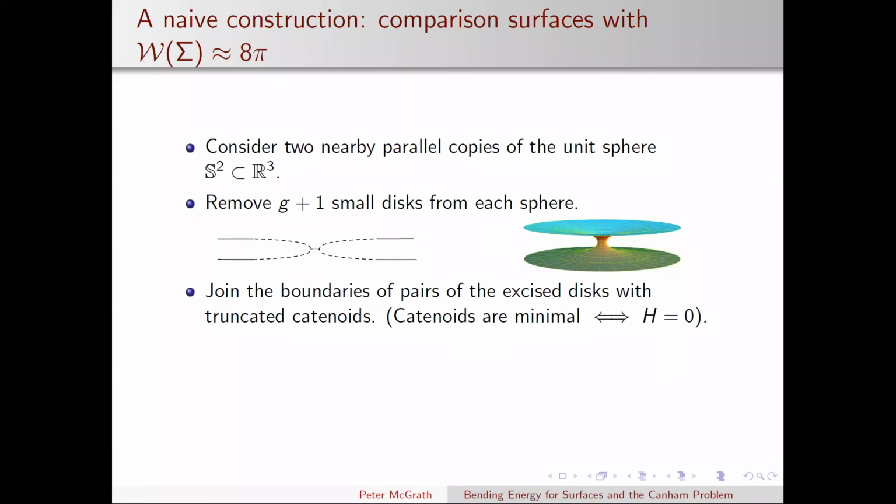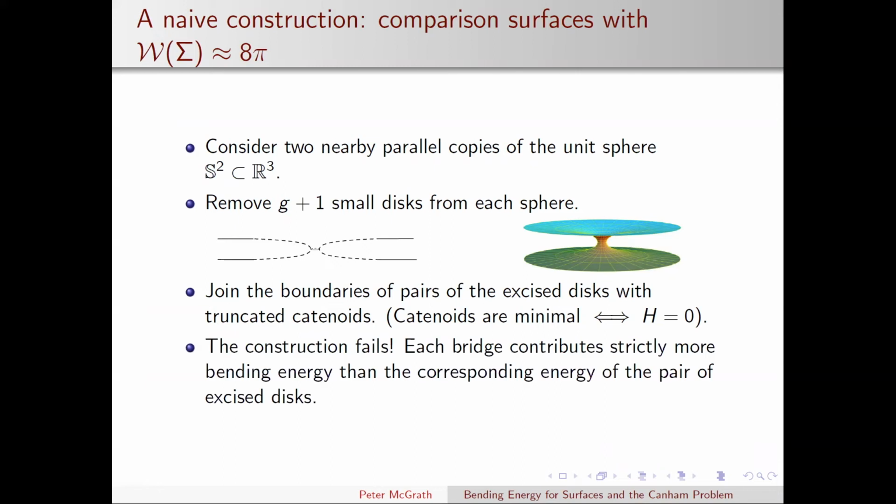And then the next thing I have to do is think about how I glue this to the rest of the surface. So this is a simple idea. Unfortunately, it doesn't work. If you actually get down to the matter of what you need to do, you'll find that each bridge, after you smoothly glue it, always adds more bending energy than the little 2 disks that you cut out.